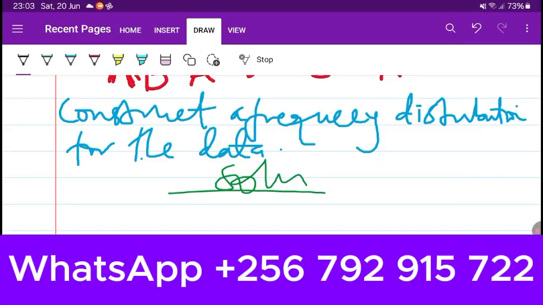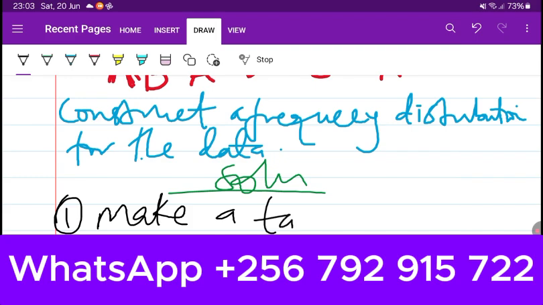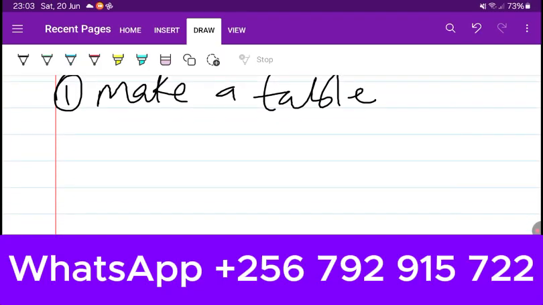If you are looking at qualitative data, the first step, of course, is to make a table. So let's do that. Whichever step we talk about is what we do, or we can talk about all the steps and then we do them.